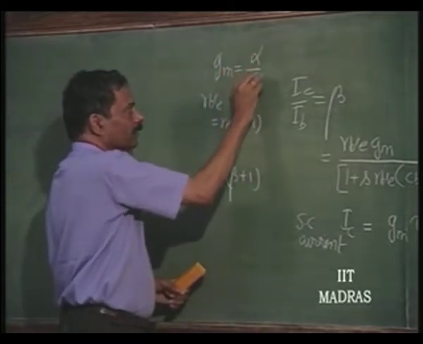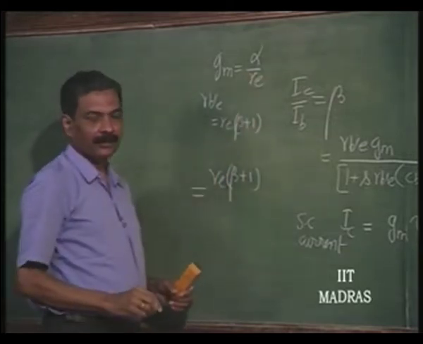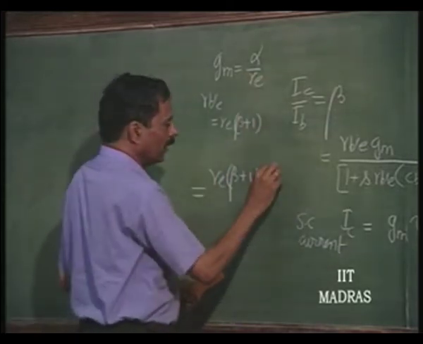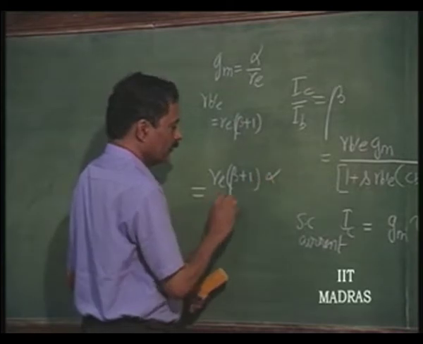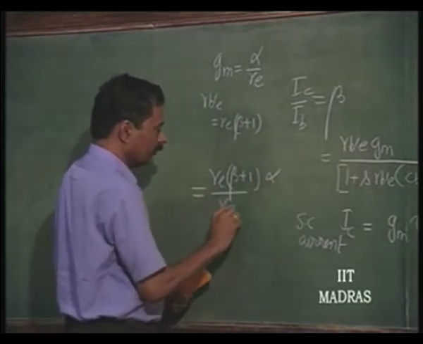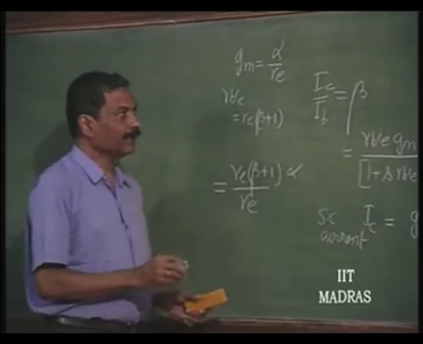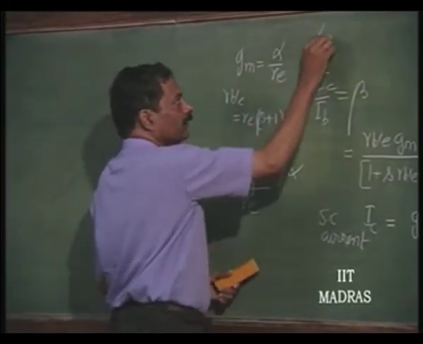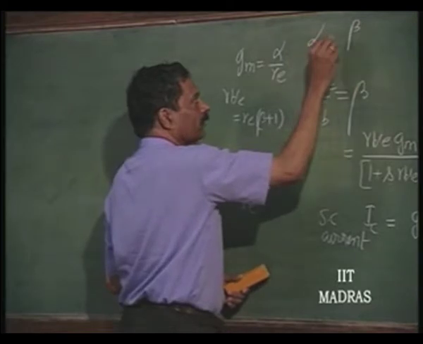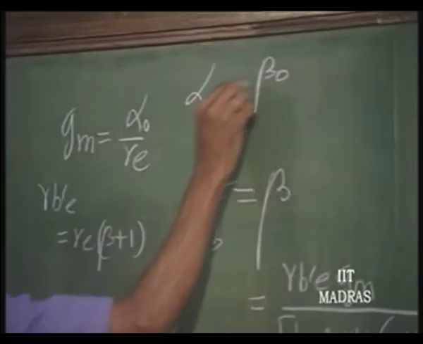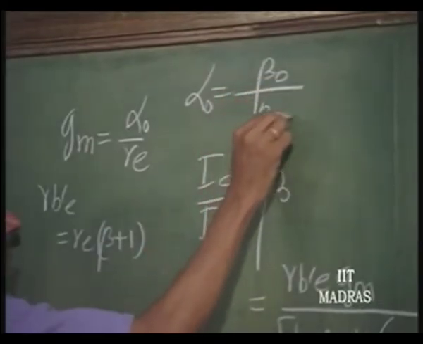Alpha by re. And what is alpha? Alpha naught is beta naught divided by beta naught plus 1.